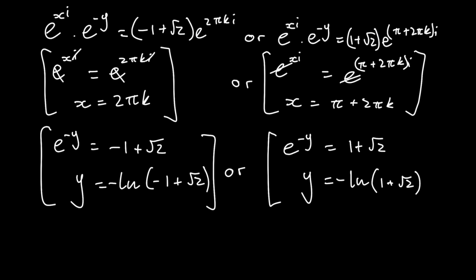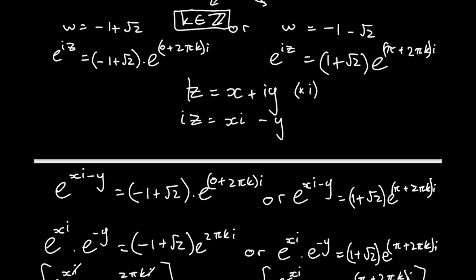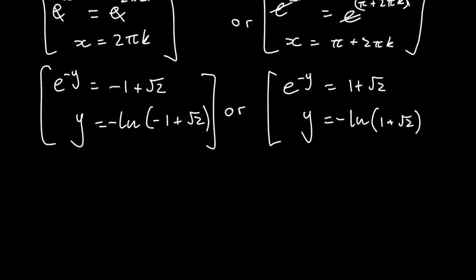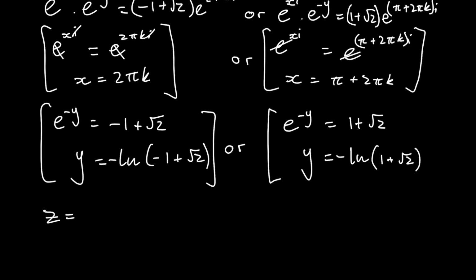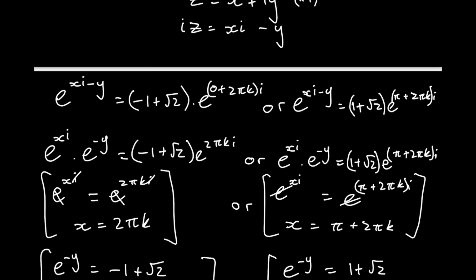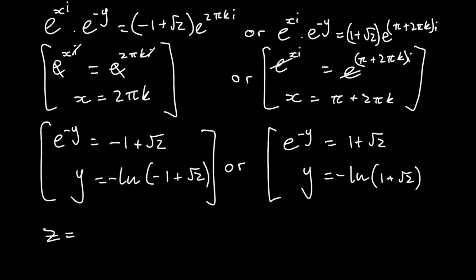At this point, we can write our solution. We have our solution now in terms of x and y, and we wrote z in terms of x and y over here. So z is equal to x plus iy. Here's our x, 2 pi k, so z is equal to 2 pi k plus iy, and y is that there, so plus i times minus ln of minus 1 plus root 2.